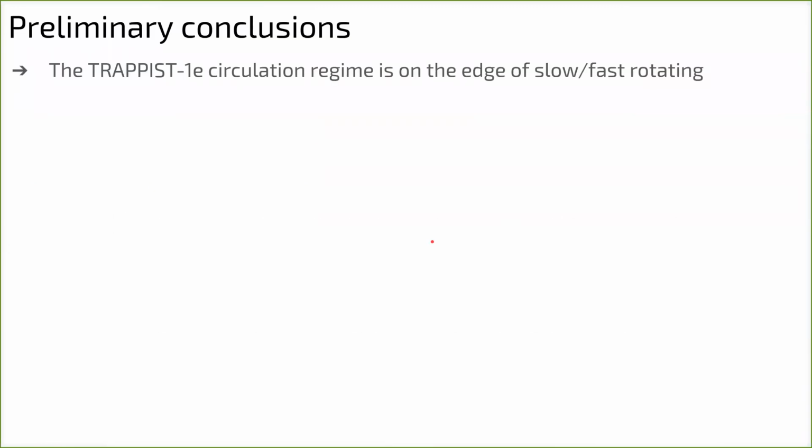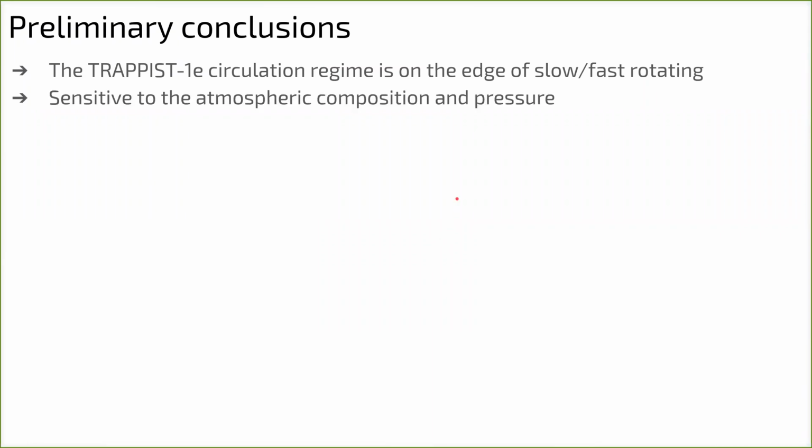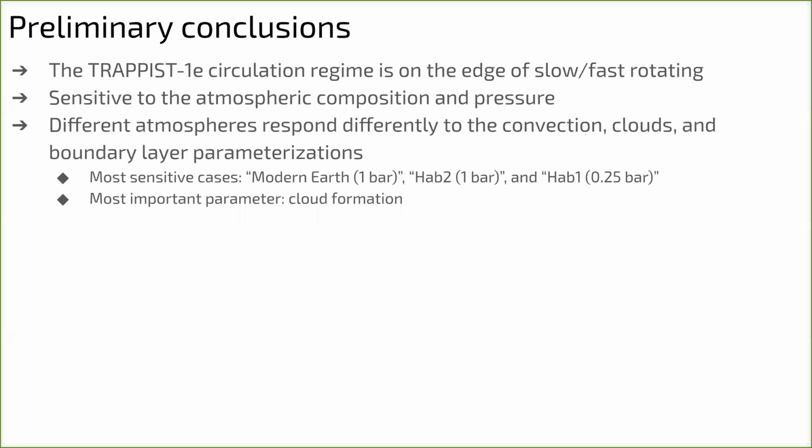So to sum up this part of my talk, my preliminary conclusions are that the TRAPPIST-1E circulation is indeed on the edge of slow and fast rotating regimes. It is sensitive both to the atmospheric composition and pressure, and different atmospheres respond differently to convection, clouds, and boundary layer parameterizations. Most sensitive cases simulated here appear to be the modern Earth, HAB2, and also the low pressure 0.25 bar with HAB1 atmospheric composition.